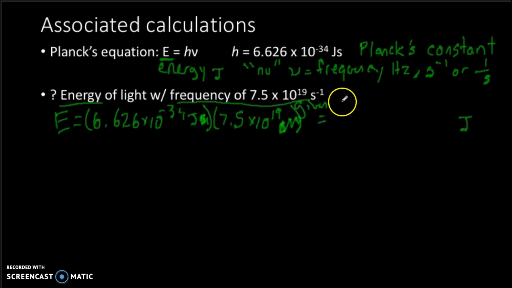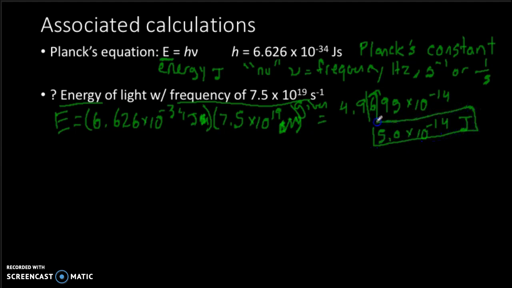And that would be, do it in your calculator, 4.9695 times 10 to the -14. But I need 2 significant figures, which is going to cut me off here, round me up there, and that 4.9 becomes 5.0 times 10 to the -14th joules, and that would be my answer.